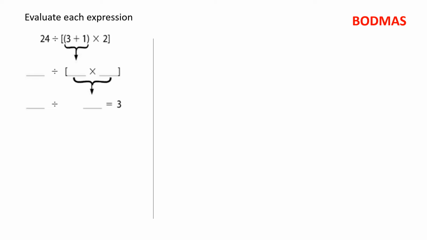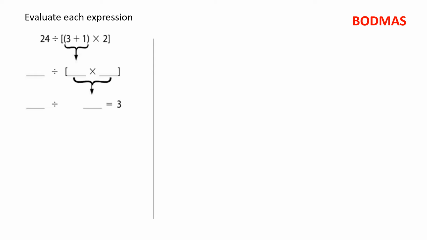Of course, the 3 plus 1 is inside parentheses and times 2 inside brackets. So what do you have to do first? I have to follow the rules: parentheses, then brackets, then braces, then multiply and divide from left to right, then add and subtract from left to right.